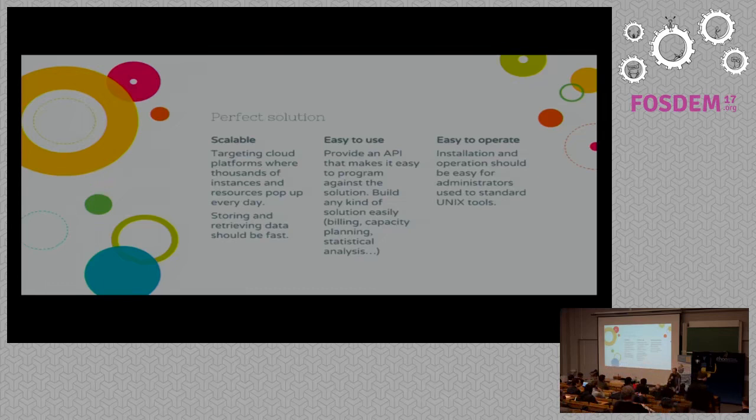We wanted something that was easy to use. Everything in OpenStack is controlled by API, so we wanted a time series database that was programmable, something you could use to write programs, query, and do things like retrieve statistics. And something very easy to operate. So what does that mean?